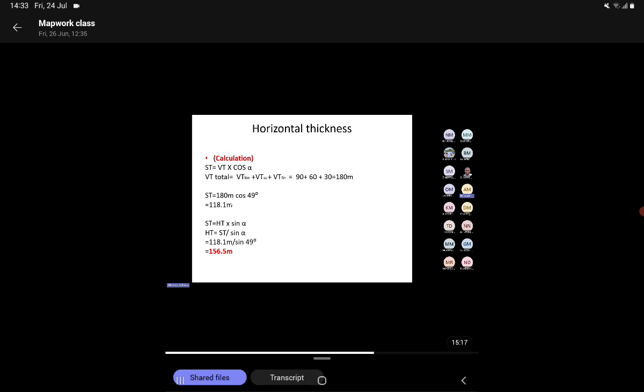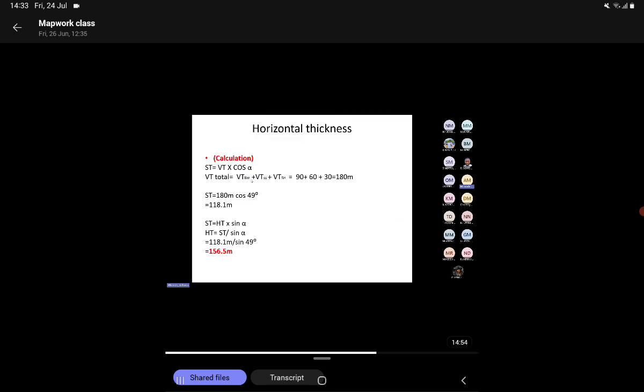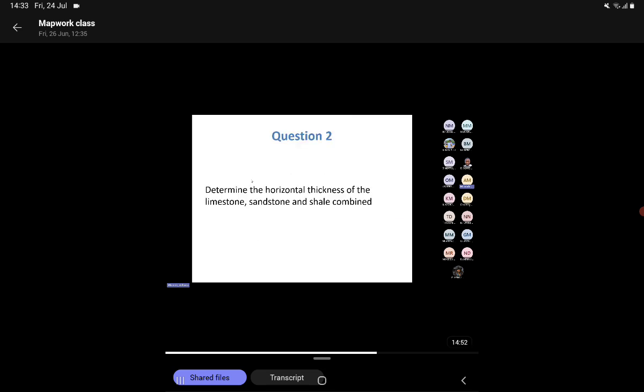Then you calculate the stratigraphic thickness combined. Then from there, you make HT the subject of the formula, and then you are able to get your answers in meters. That is just how to calculate the horizontal thickness.